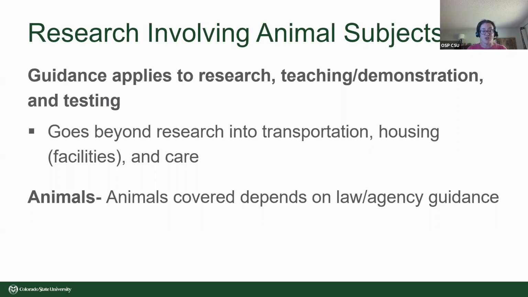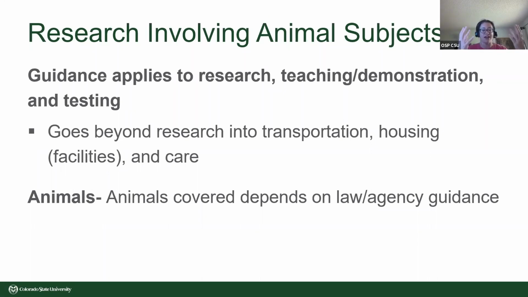We would have to go through getting approval through our IACUC, the Institutional Animal Care and Use Committee, because it's not just about doing the research on the animals, it's about how we acquire the animals, where we are housing them, what kind of stimulation we are giving the animals, how we are feeding and watering them and caring for them, and whether we are going to have field trips where kids are coming through touching the animals.